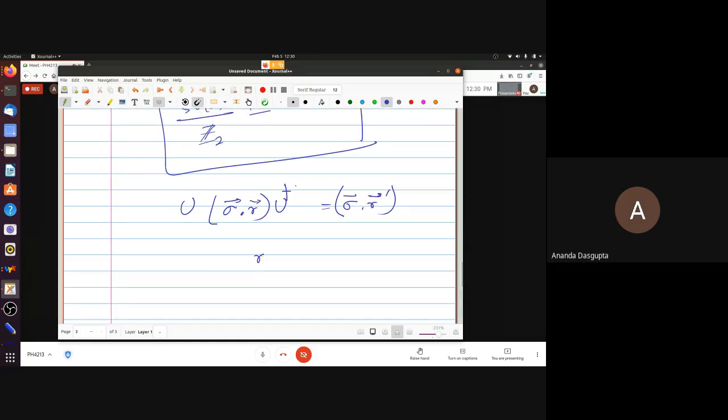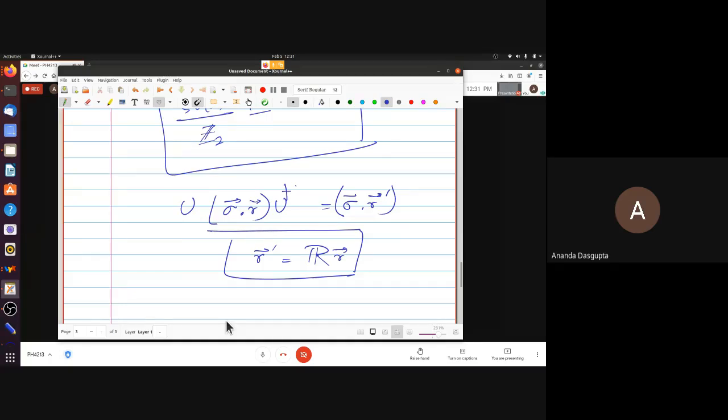And this r prime is basically some rotation acting on r. We showed all that. So basically from every SU2 matrix, you can correspondingly find an SO3 matrix. And that this is a homomorphism is easy to show: if you replace u by u1, u2, where u1 gives rise to r1 as a rotation, u2 gives rise to r2 as a rotation, it's trivial to show that u1, u2 gives rise to r1, r2. So that's a homomorphism.